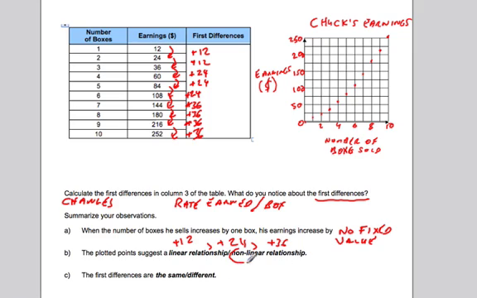It's a nonlinear relationship because it's a lower slope here, then a higher rate, and then an even higher rate at the end. And the first differences are different again. And once again, whenever first differences change, we have a nonlinear relationship.